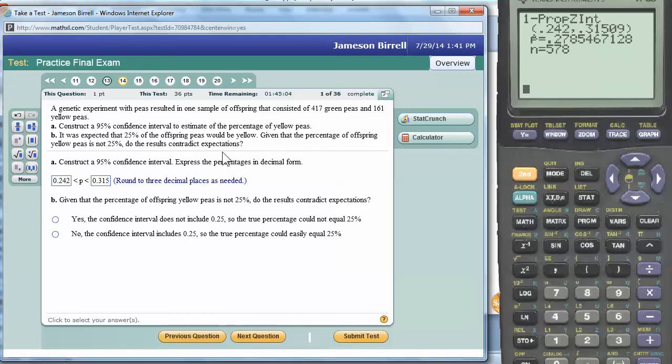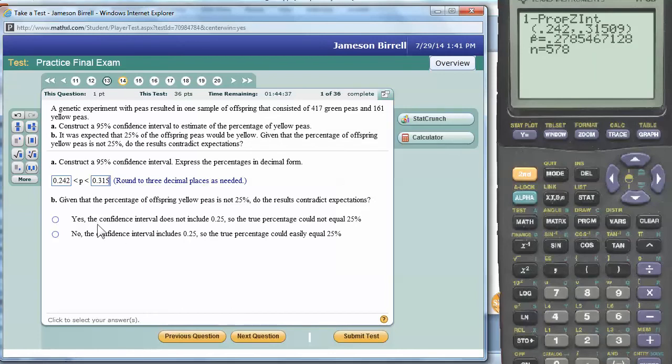Okay, 25%. Now, we don't know what the actual population proportion of yellow peas is. We just know that it falls somewhere between this 24 and 31. And 25 does fall in that range, so I wouldn't conclude that that's not true.